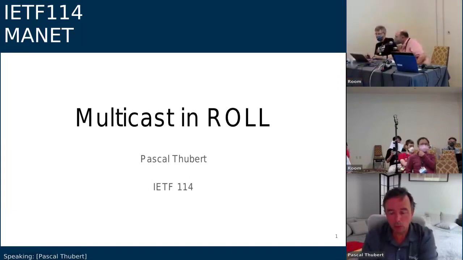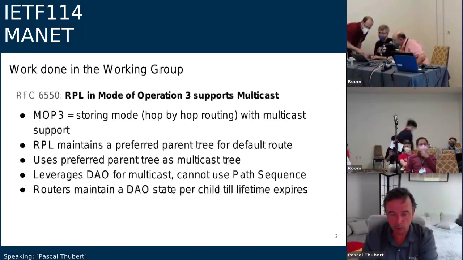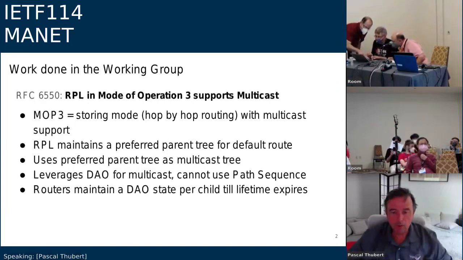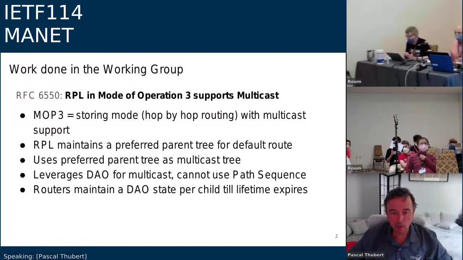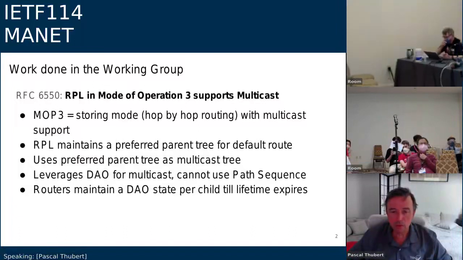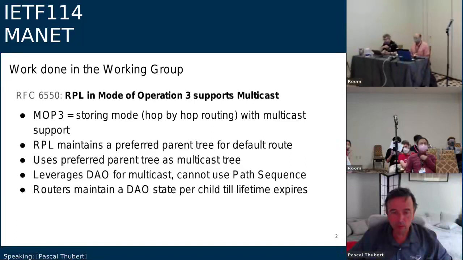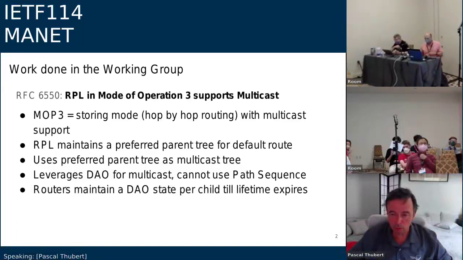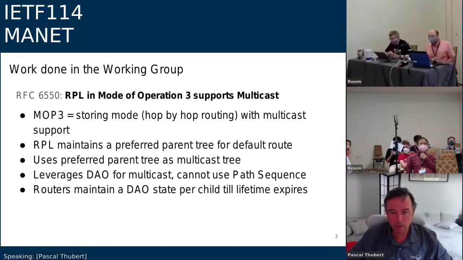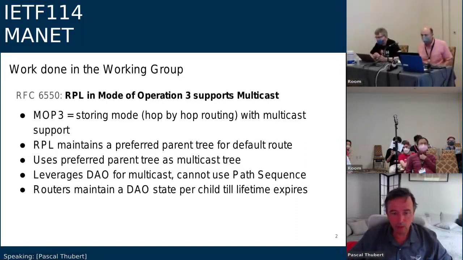ROLL is the working group that defines the RPL routing protocol, and RPL is a distance vector protocol that's optimized for a mesh that is using one or several roots to reach the outside. So most of the traffic is supposed to be from that root or to that root. And this is designed to operate in a constrained network, a low-power lossy network.